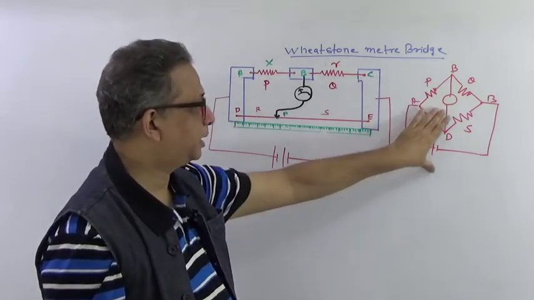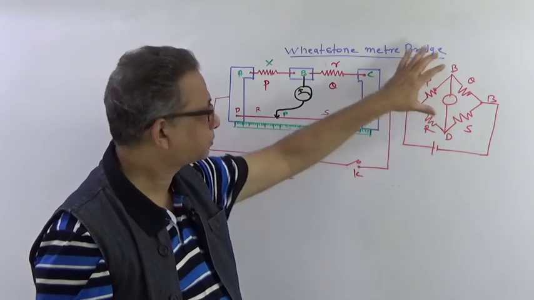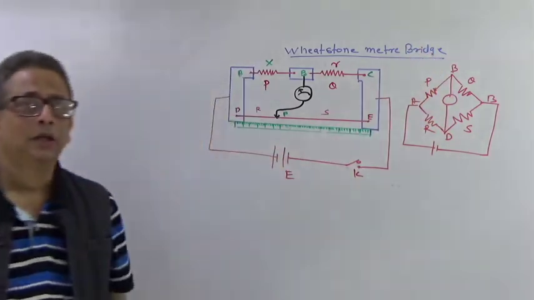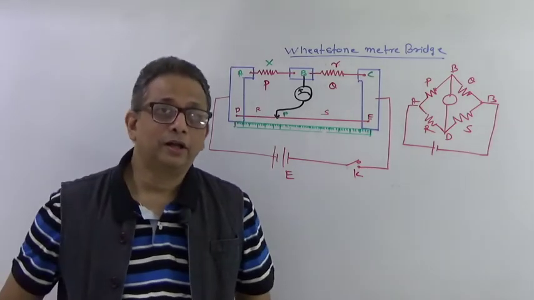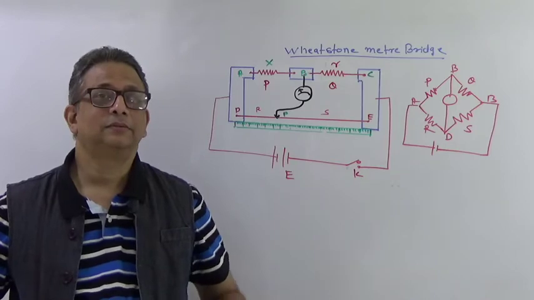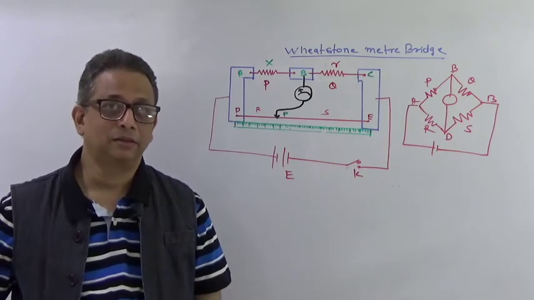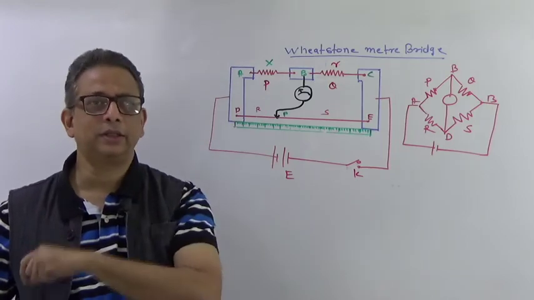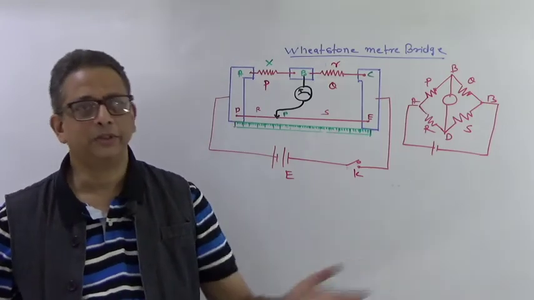That the bridge is balanced. Like we had seen in the last case, when the bridge is balanced, the potential between B and D becomes 0, and so there is no flow of current between these 2 points. We had seen the application of that. If there is a resistance connected there, we remove it and simplify the circuit.